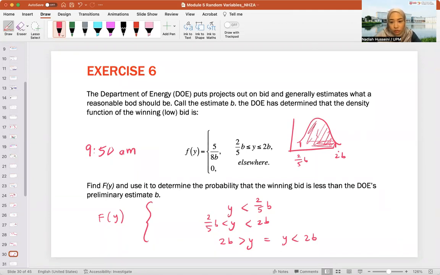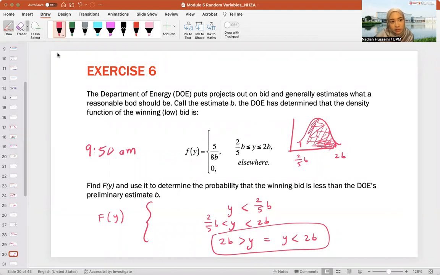And y is less than 2b is also this guy. So even though it's flipped, it's actually the same thing because 2b is greater than y. Y is less than 2b. It's the same, okay? Don't get confused with this one. Okay, so hopefully everyone got that part.